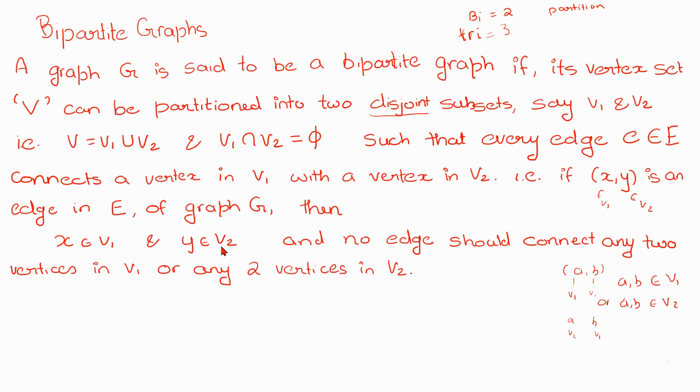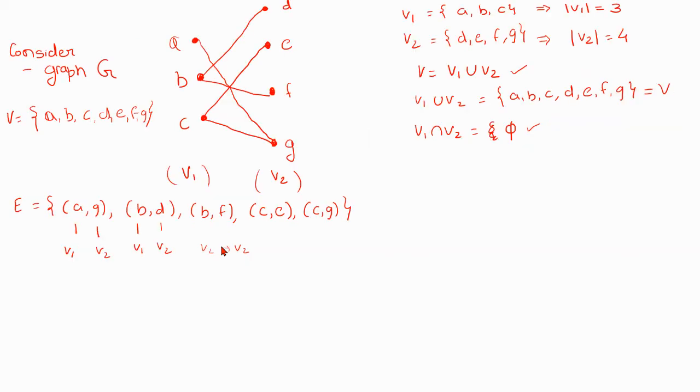And the next condition is no edge should connect any two vertices in V1 or any two vertices in V2. Now here if we see in this edge set E, there exists no edge such that both the elements of the edge belong to the same set V1 or V2.